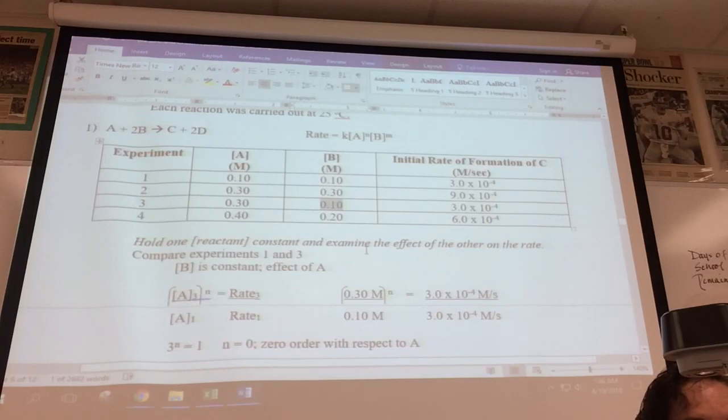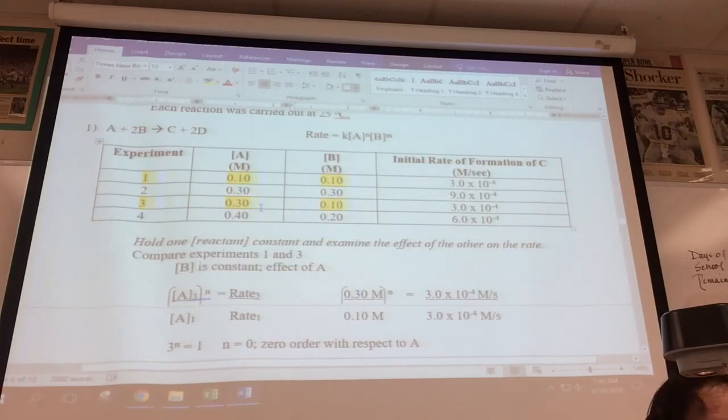That means B is not affecting the rate because the concentration of B in these 2 experiments doesn't change. I can see here that A is tripled from experiment 1 to experiment 3. So I hold B constant, and I can see that A gets tripled.